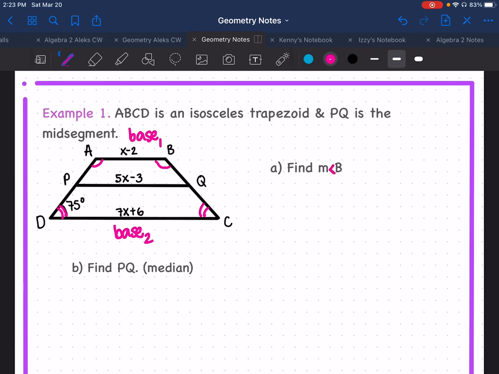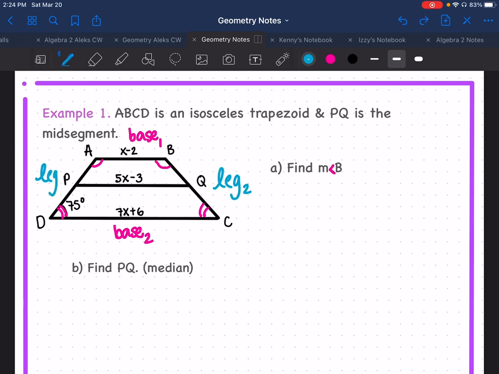I'd want to find B specifically. I feel like I need to use that 75. Remember I told you that this angle plus this angle equals 180 because they are along the leg, right? This is my leg. And this is my other leg over here.